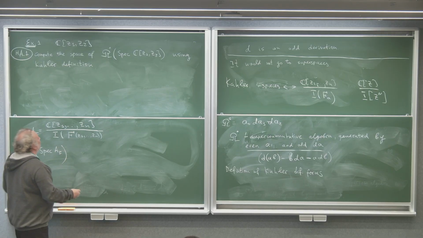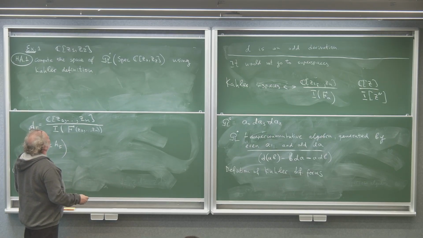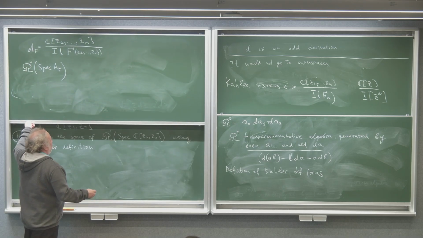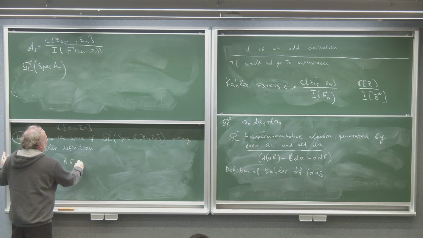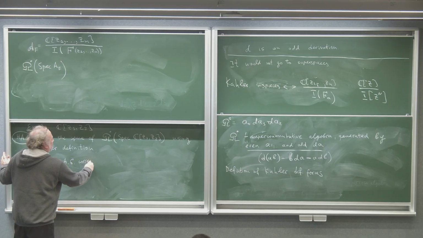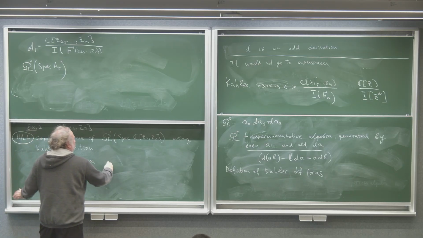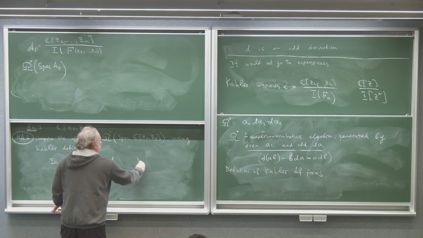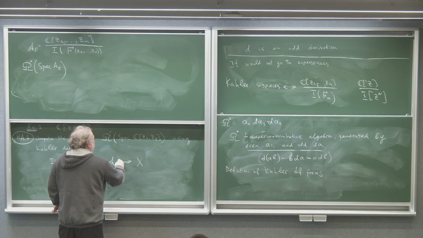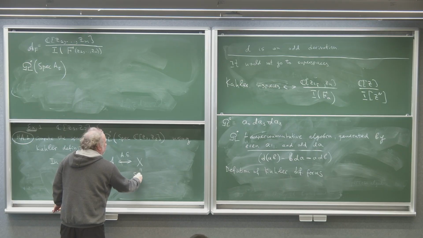I need to write it down because I use the word spec. In the algebra-geometry correspondence, we had an algebra A and we had a corresponding space X, called Spec A.